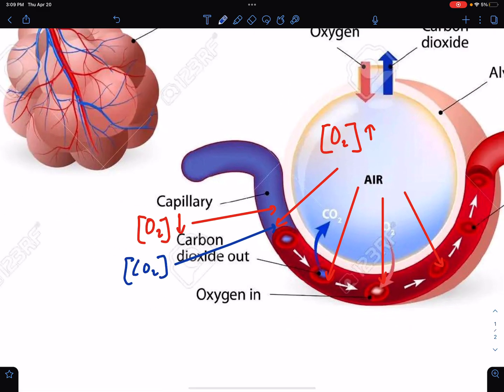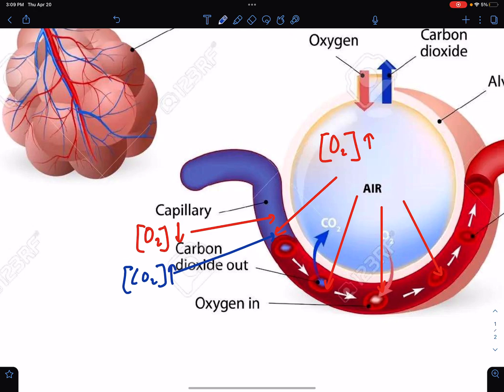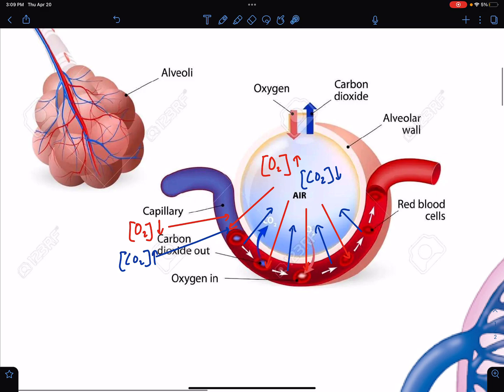So the CO2 concentration in the blood is going to be very high relative to the CO2 concentration in the airspace, which is low. So CO2 just diffuses out of the blood into the airspace and will be exhaled. So this is how gas exchange takes place in the lungs.